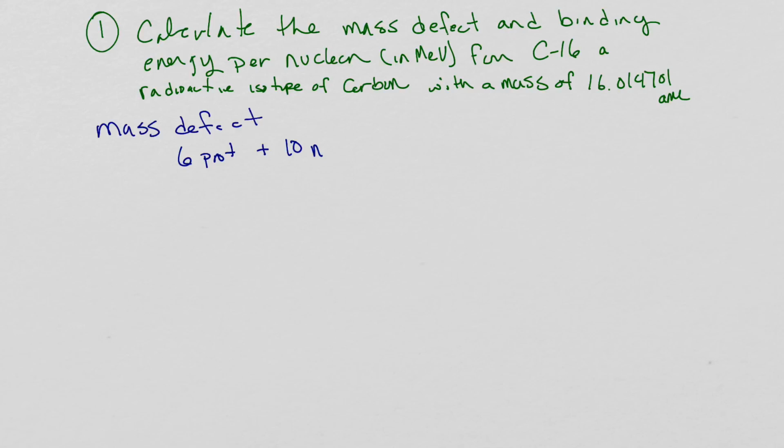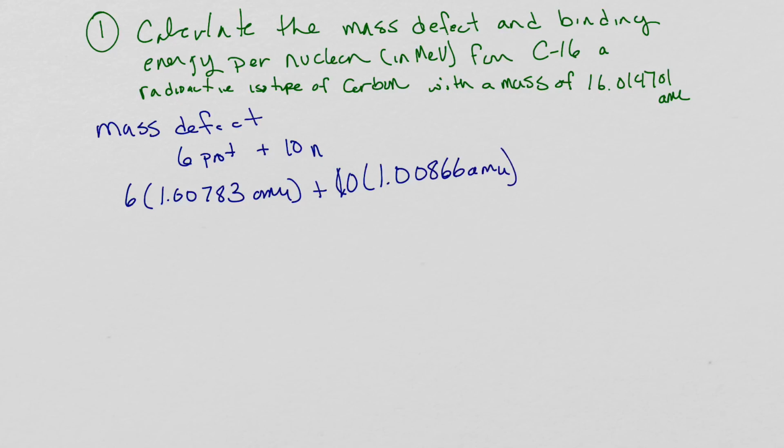Each proton has a mass of 1.00783 AMU, and each neutron has a mass of 1.00866 AMU. If we add that together, we get the mass of the individual particles.